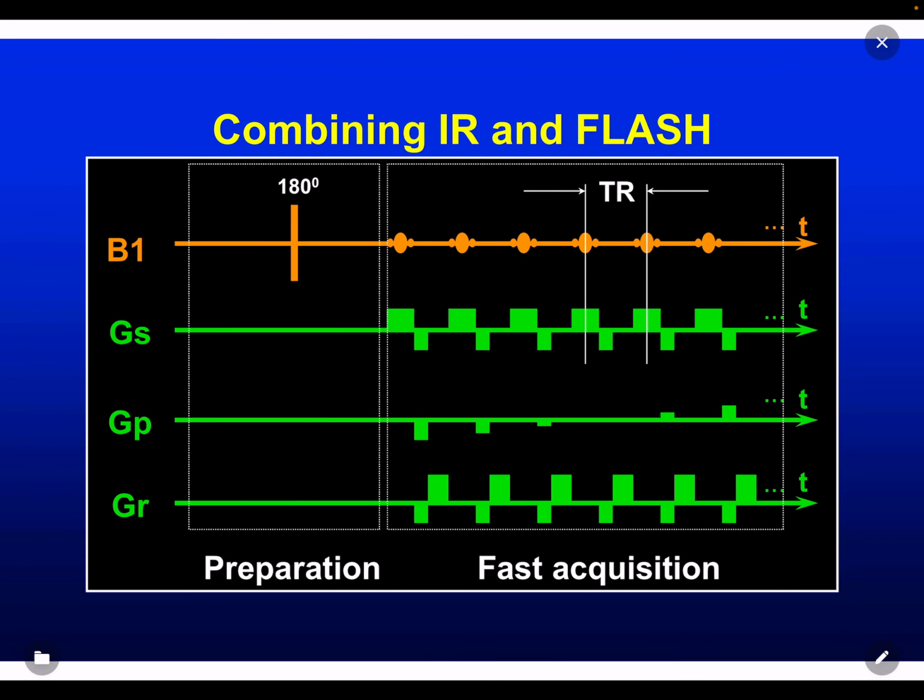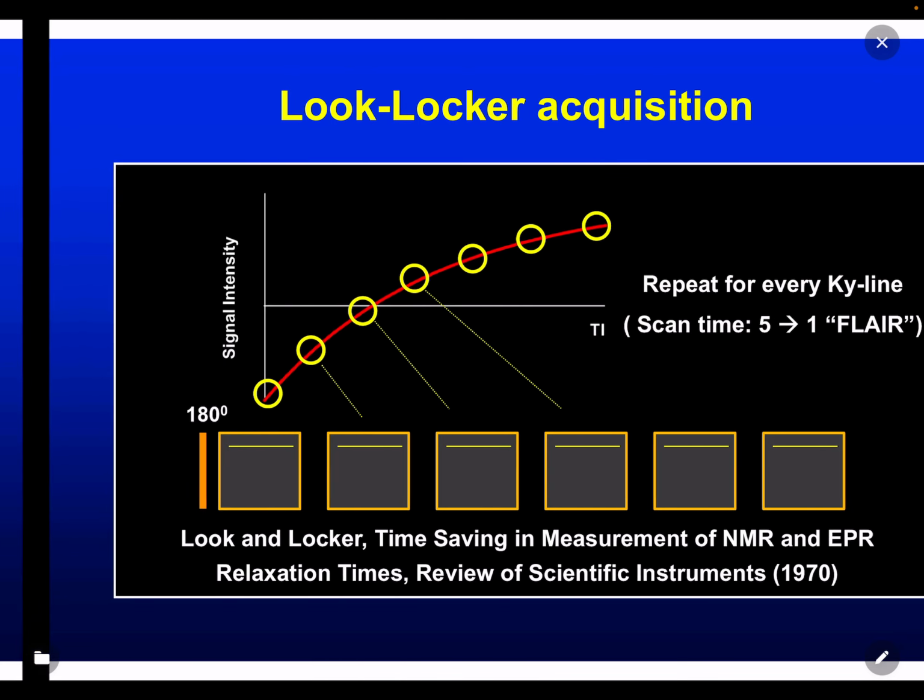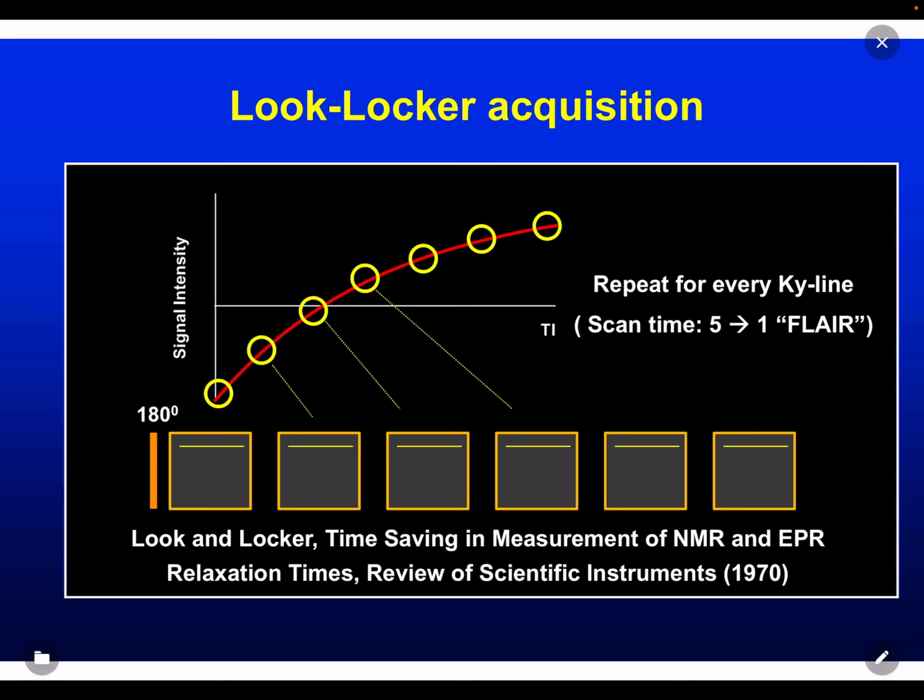So when we combine IR and FLASH, then we can track the whole inversion recovery curve. So that's the Look-Locker acquisition. We repeat the inversion recovery pulse for every k-line and track the inversion recovery. The scan time can be reduced from 5 FLAIR to just 1 FLAIR.